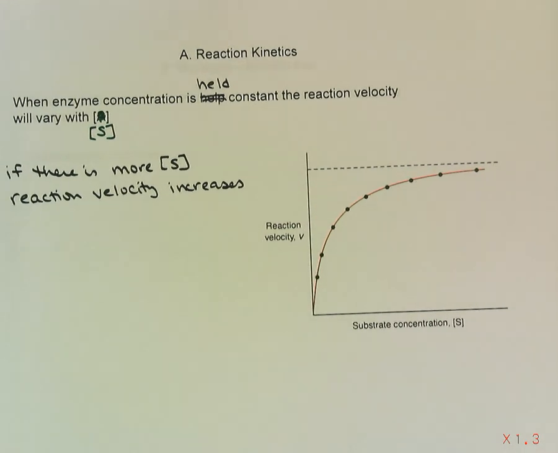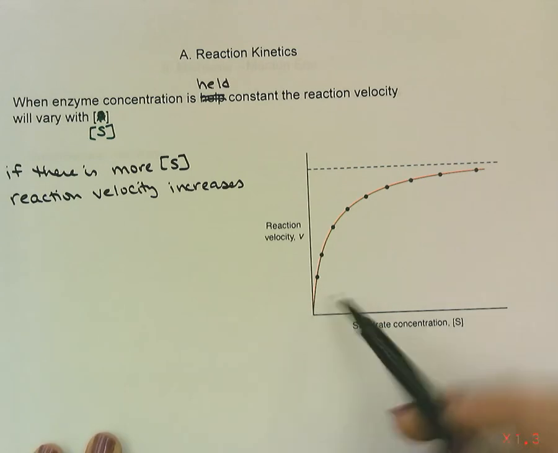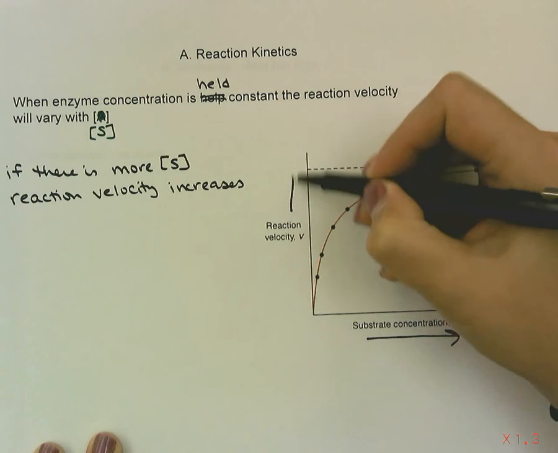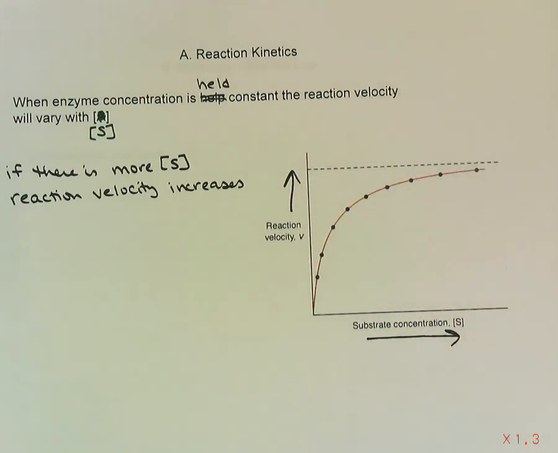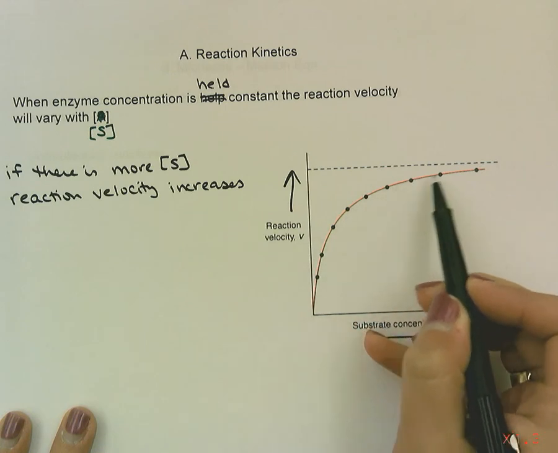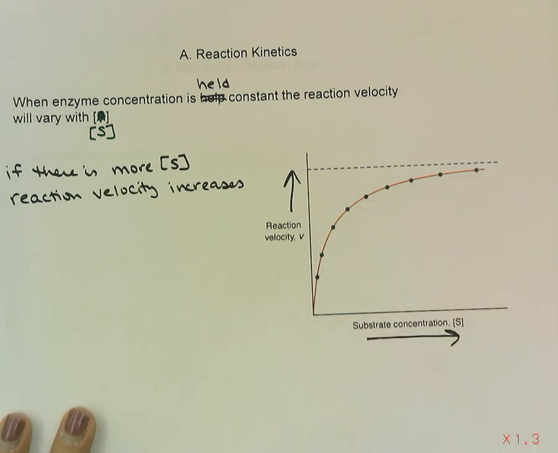If I have more substrate with a known amount of enzyme, the reaction velocity has to increase. However, if you're looking at the graph, you see that is partially true, right? As substrate concentration increases this way, reaction velocity is increasing that way. So we see that it increases, increases, increases, and then what starts to happen over here? It starts to level off.